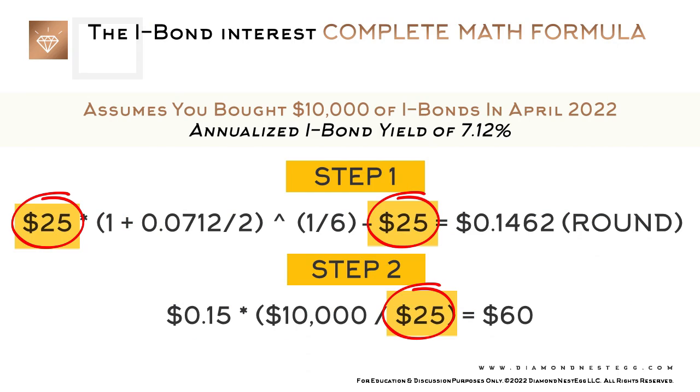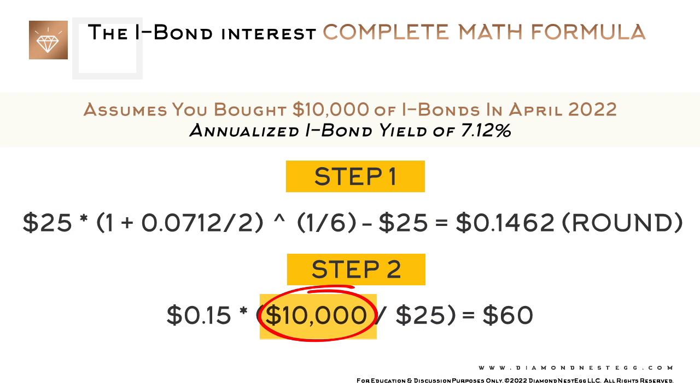They add your cumulative interest earned over any given 6-month holding period to this base unit of $25 and to your initial investment as well. In our example, $10,000. Because, well, the I-bond rate changes every 6 months. But within any given 6-month holding period, that interest is compounded monthly.